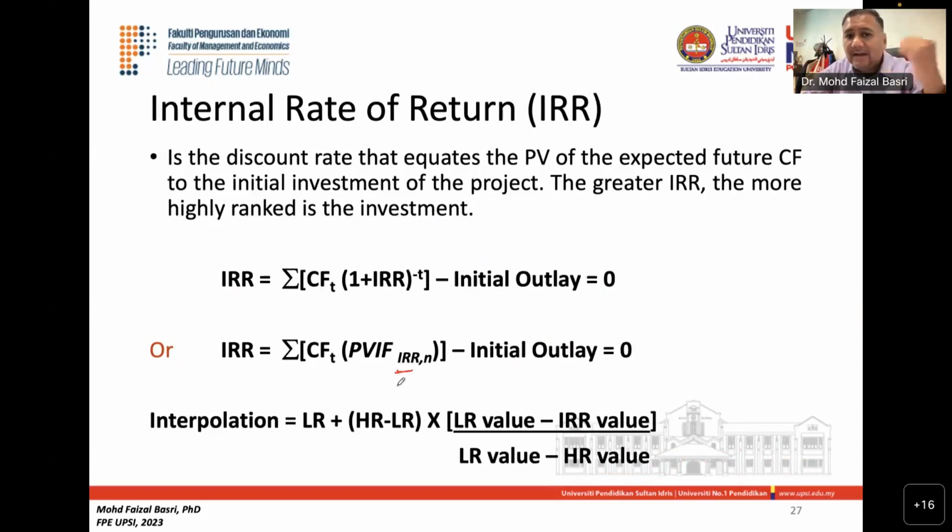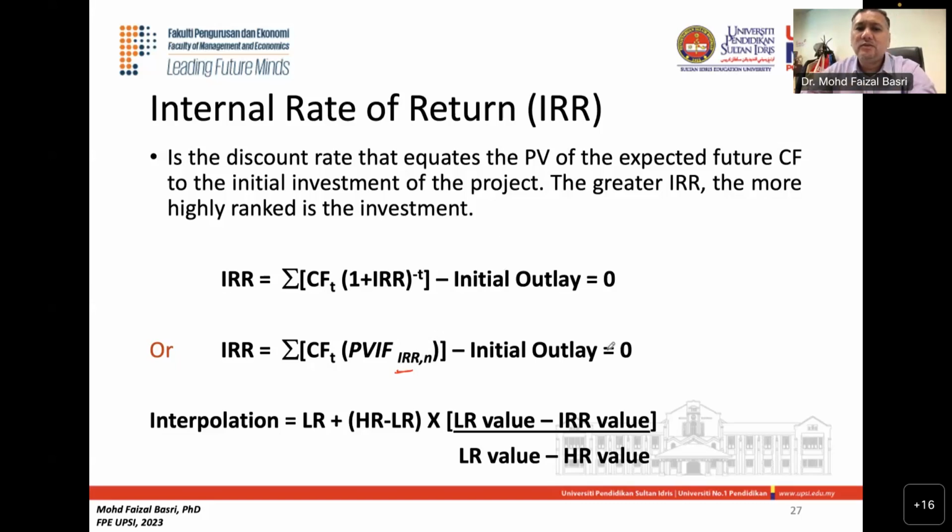In our NPV, this part we use K, the discount rate. But here, we're going to put this as the unknown because this is what we want to find.